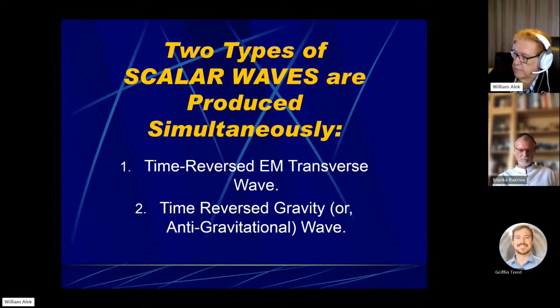We'll get into that a little later too. So just to recap this slide, Tom spoke about two different types of scalar waves: this time-reversed EM transverse wave and the time-reversed gravity wave.